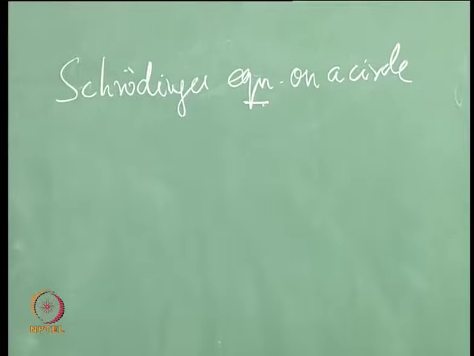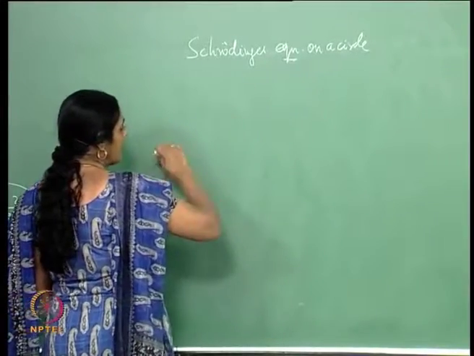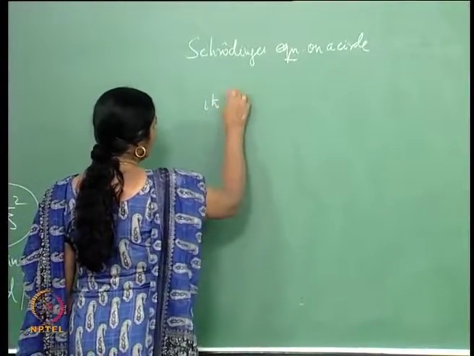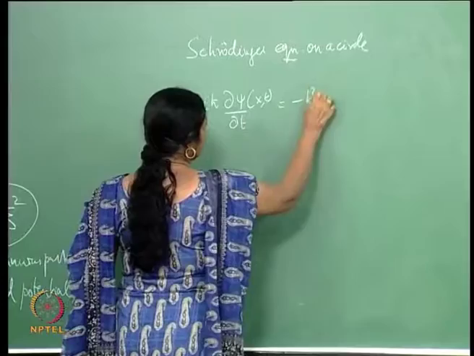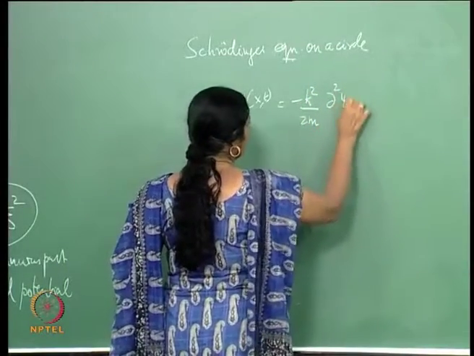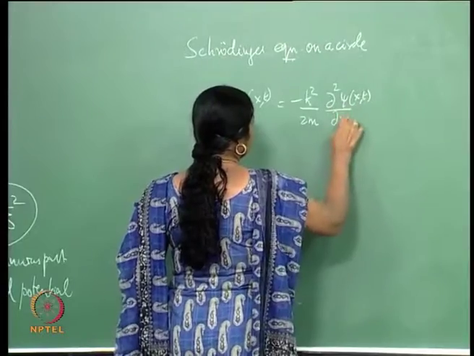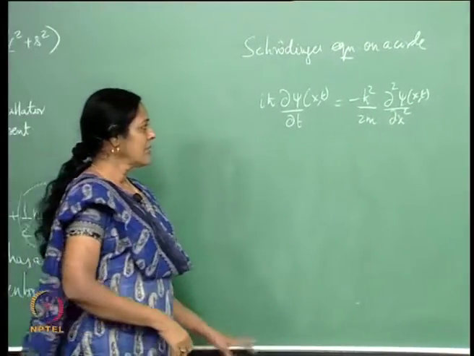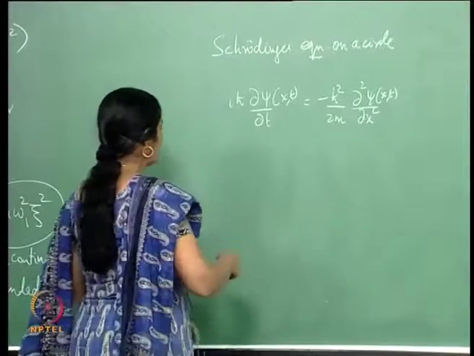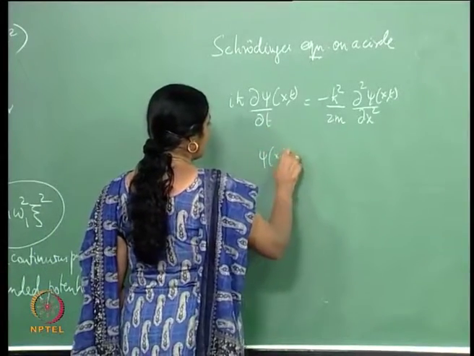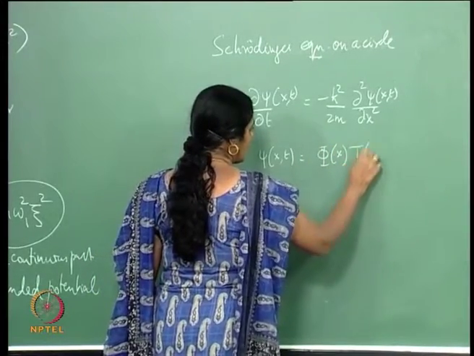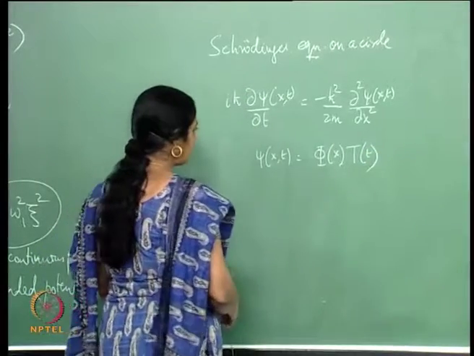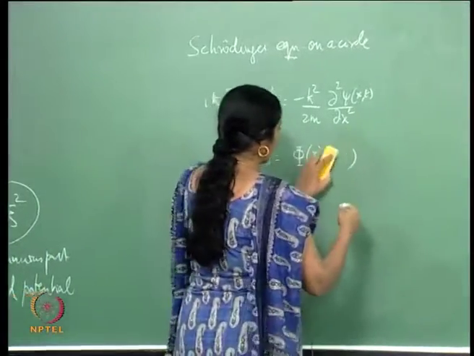Before that, let us consider a one-dimensional Schrodinger equation with time dependence. And you know that the equation is this. In fact, when you looked for stationary state solutions, you wrote psi of x,t as some phi of x times f of t, or chi of t, perhaps a notation that I used.